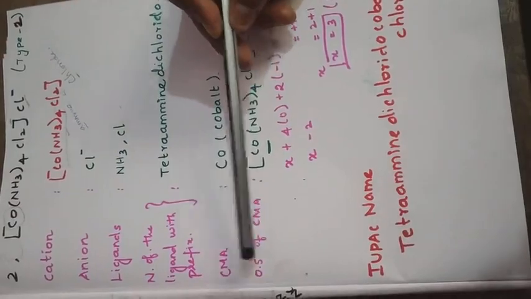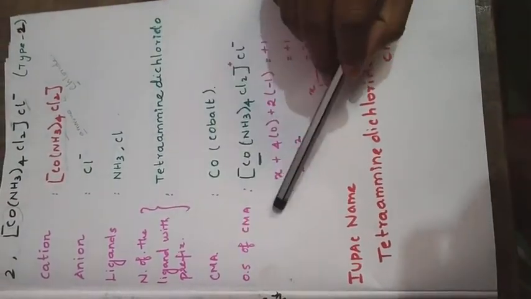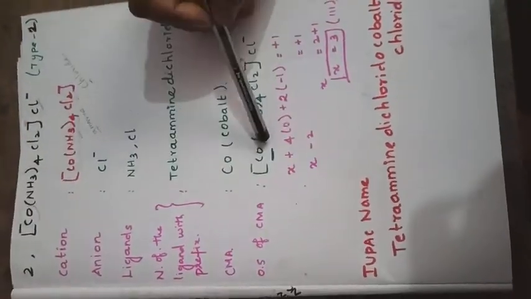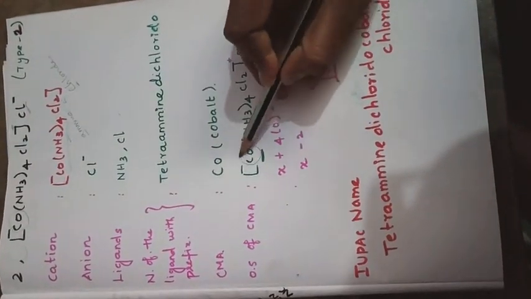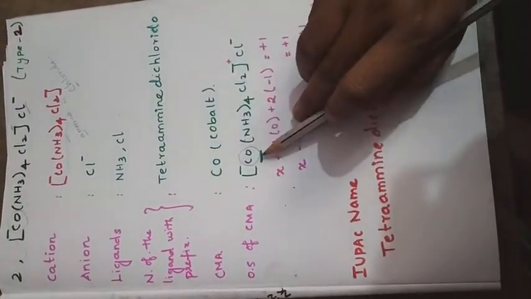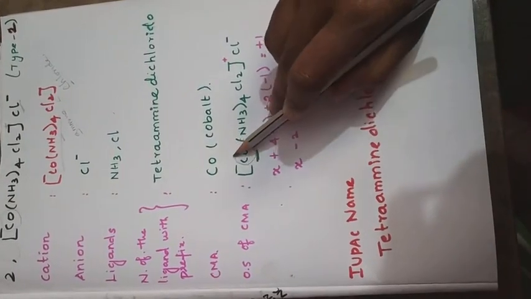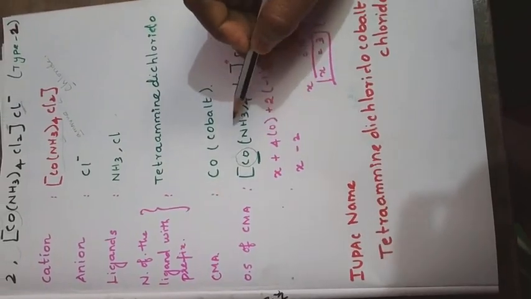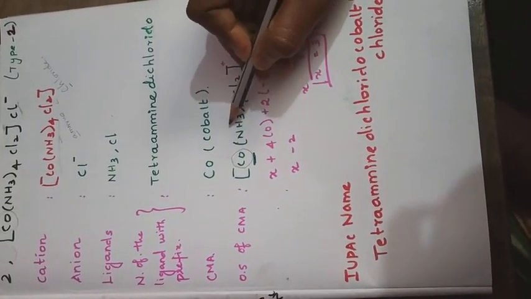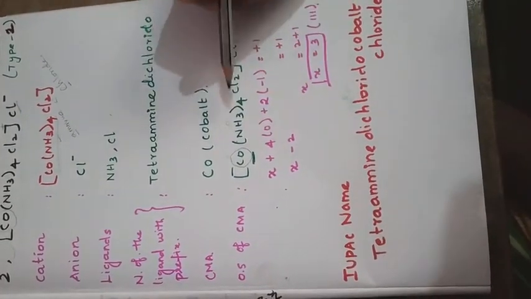Then you have to find out the oxidation state of the central metal atom. Just write the complex shown here and this is the central metal atom. For this only you are going to find out the oxidation state. So you have to keep this as X, and this is the neutral ligand. Neutral ligand always will have the zero oxidation state.